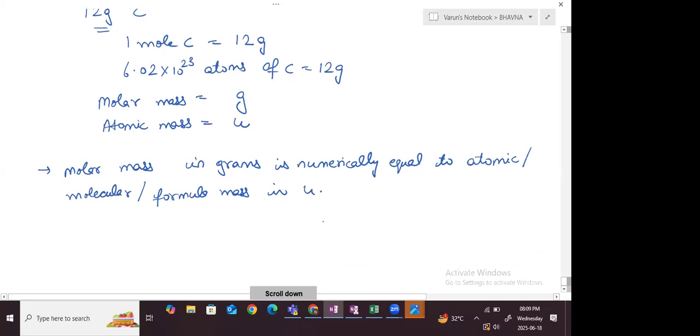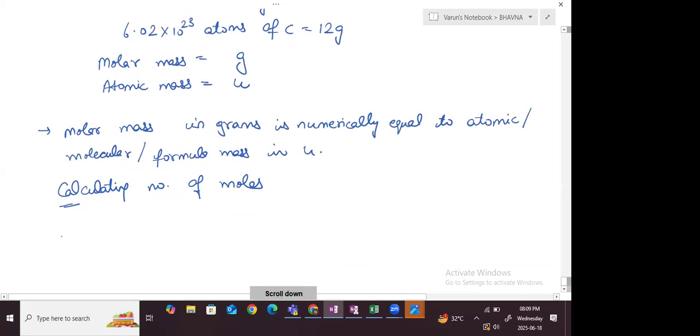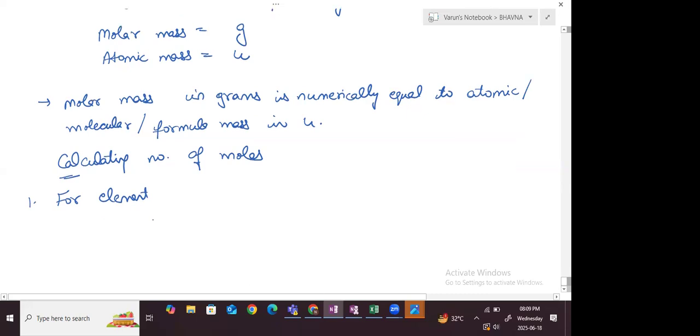Now the thing is how to calculate the number of moles. If I am given any element, like hydrogen, helium, lithium, calcium, potassium, it is only an element. The number of moles is equal to given mass.